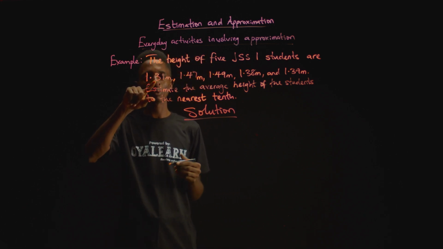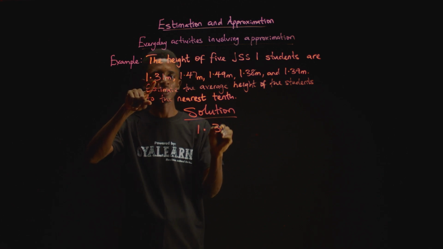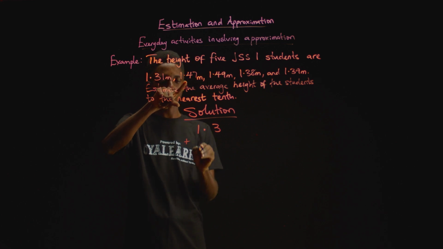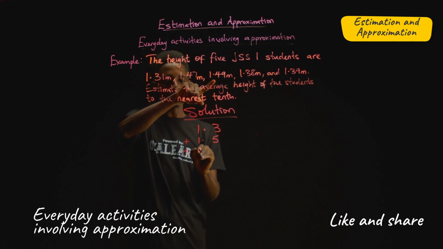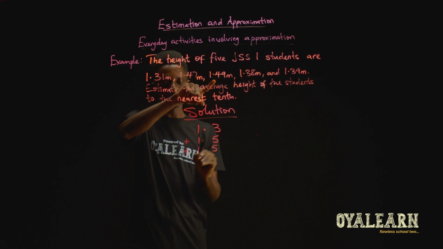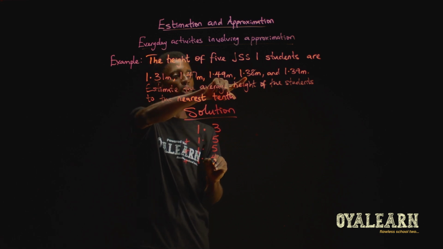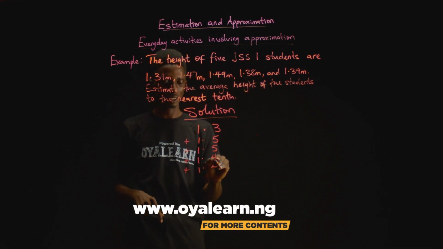For 1.31 to the nearest tenth, we'll have 1.3 plus. Now 1.47 will give us 1.5, and then we add that also to 1.49, which is also 1.5, plus 1.4, and then plus 1.39, which is 1.4.